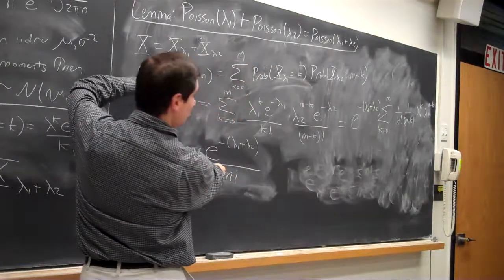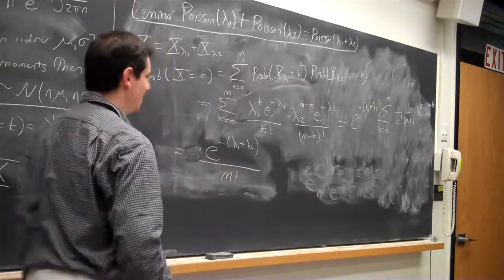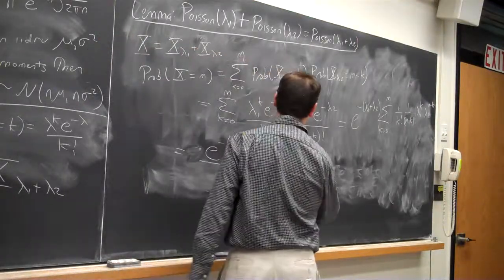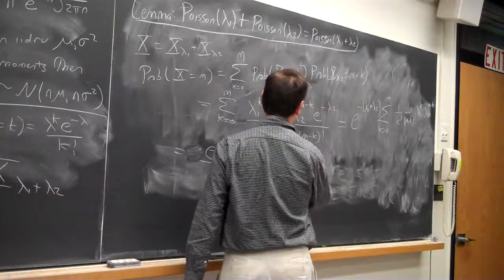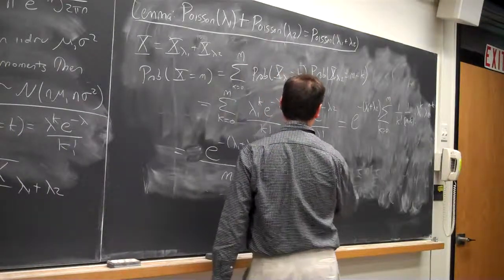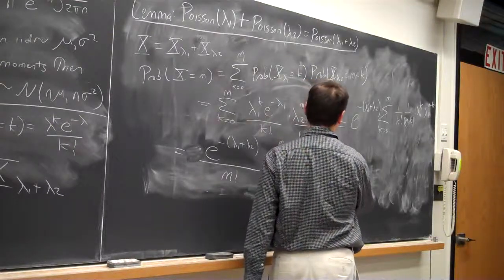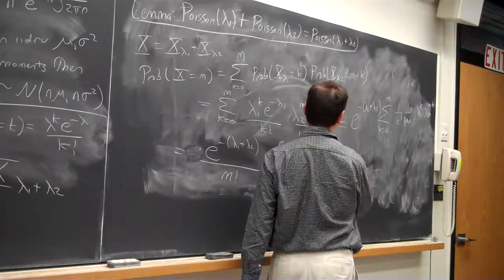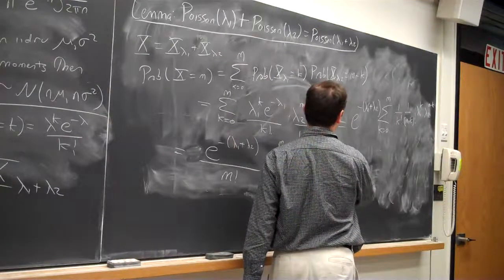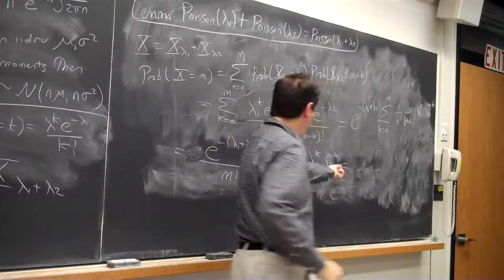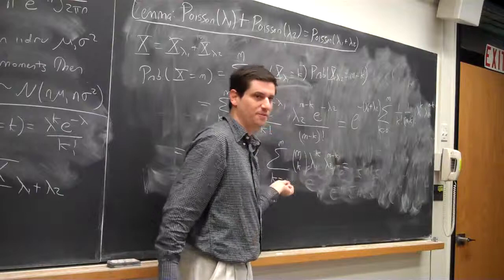This is really beginning to look a lot like a Poisson, right? And now I have a sum. k goes from 0 to m of m choose k, lambda 1 to the k, lambda 2 to the m minus k. What do I use to simplify this expression here?